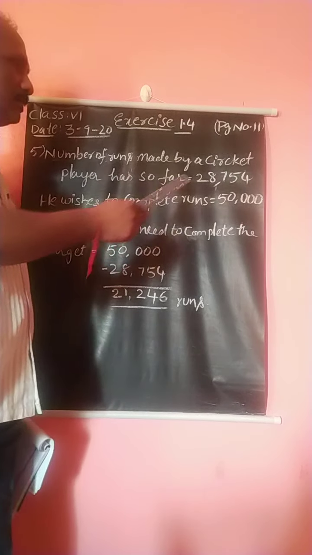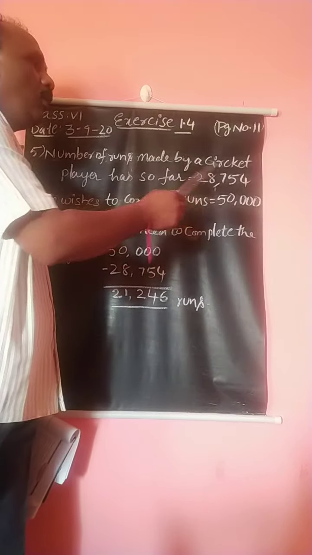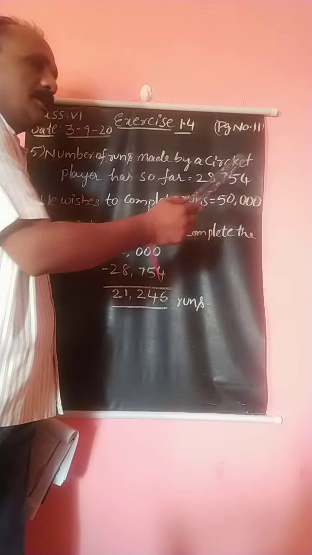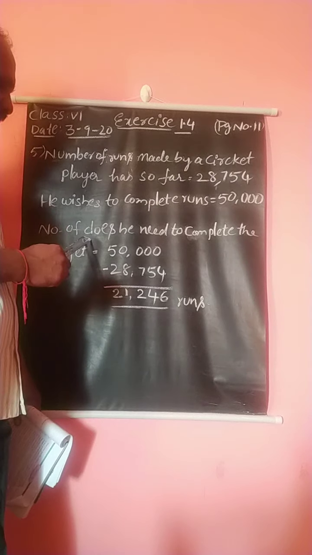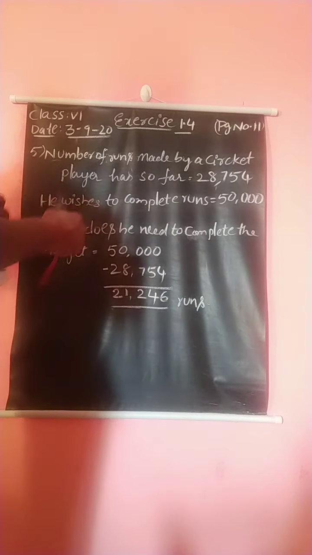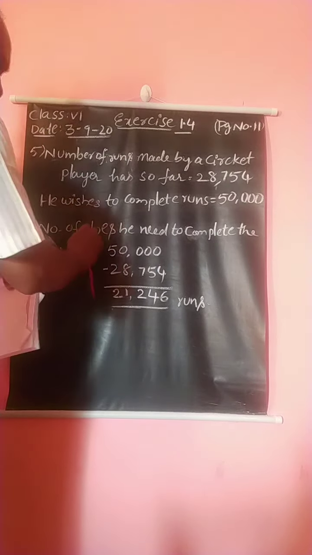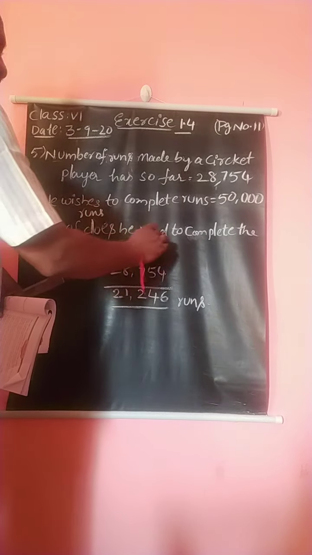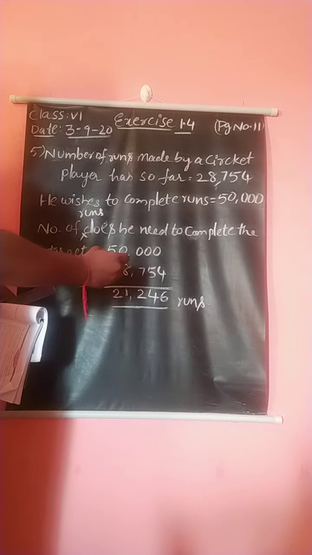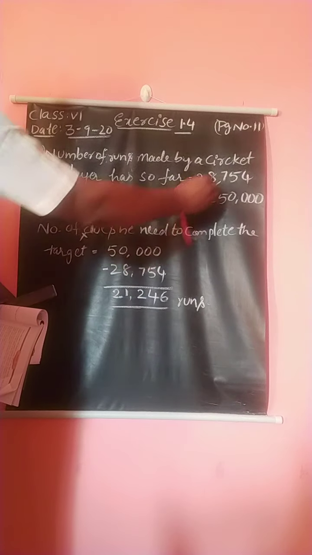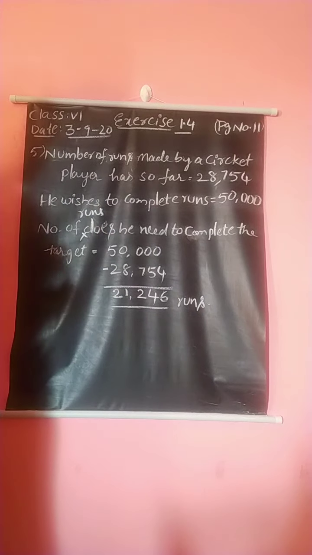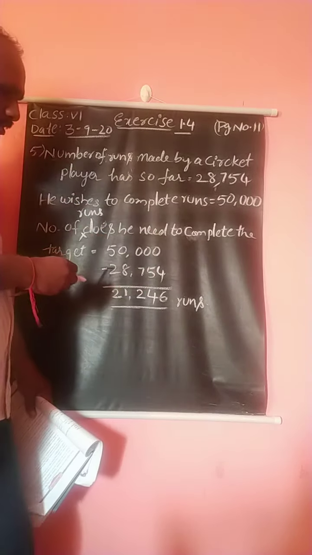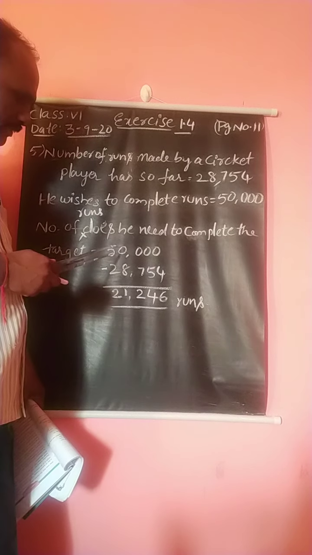Listen, we have to subtract the runs he finished from his target. The number of runs he needs to complete that target is 50,000 minus 28,754.